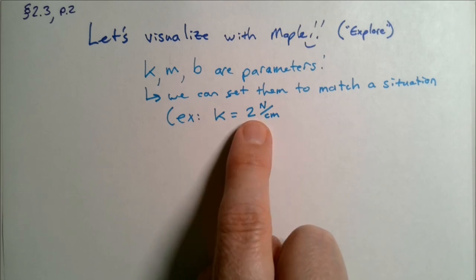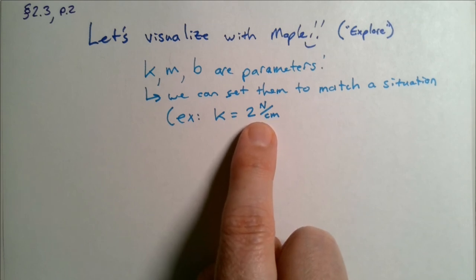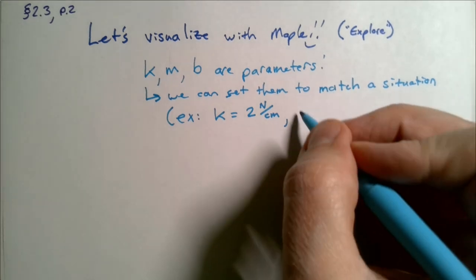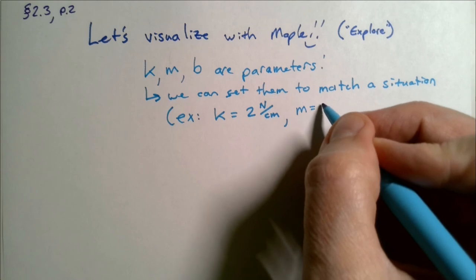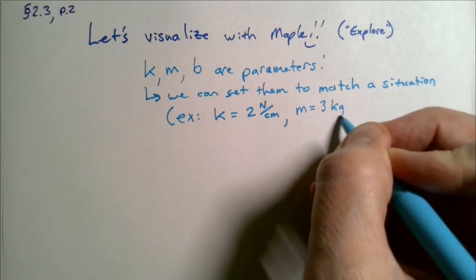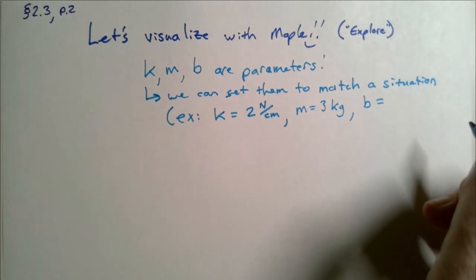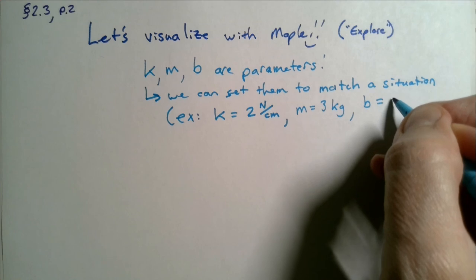So for every centimeter you stretch the spring, it's going to fight you with a force of 2 newtons. You could also say what the mass is. In this case, we'd probably be talking about 3 kilograms or something like that. And then the other parameter is b, and you could choose any value that you want, but I'll just use 1.